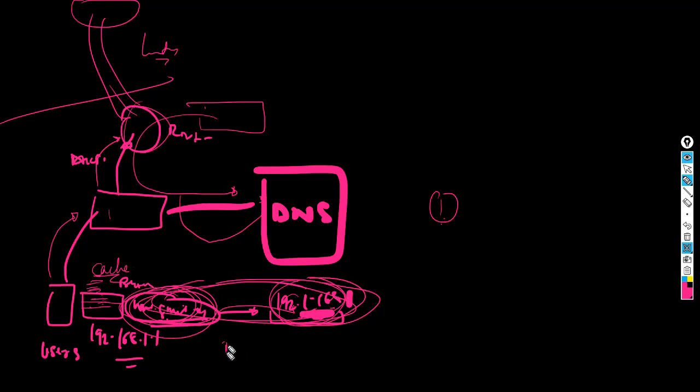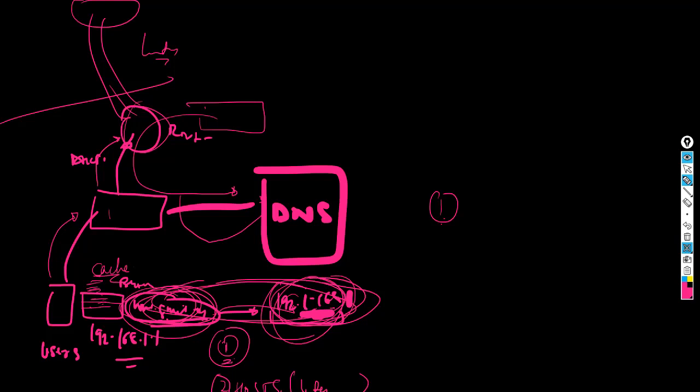So this is the first step, where it has to know what the IP address is. The second step is it will see its own host file. Every Windows machine and every Linux platform will have a host file internally.